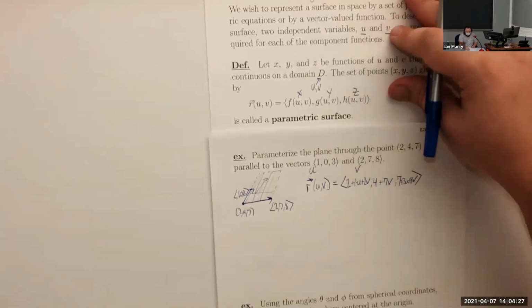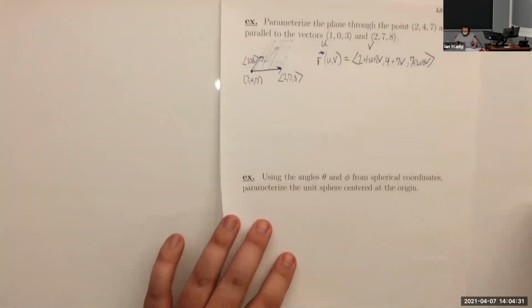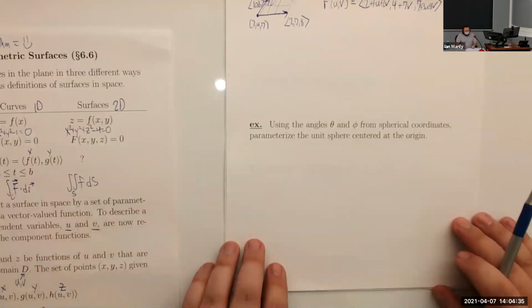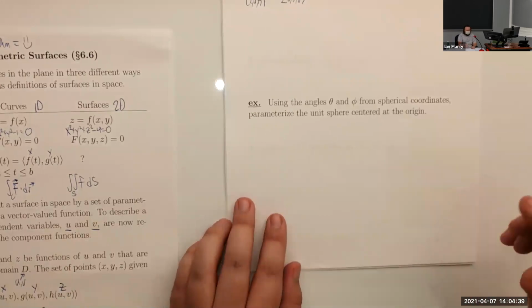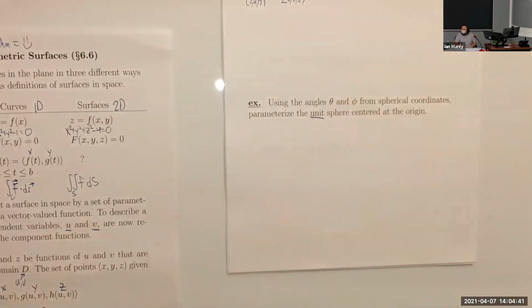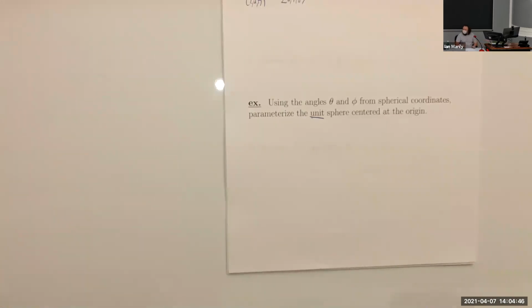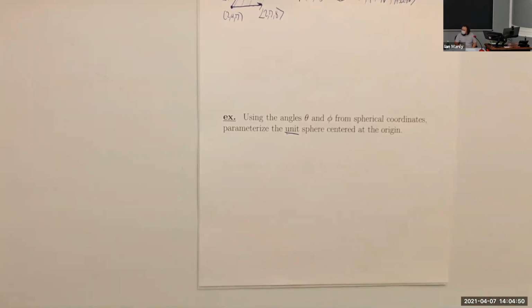Okay, so that's parameterizing a plane, and we can use the same kind of formula to parameterize any plane we like. Let's move on and talk about using the angles theta and phi from spherical coordinates. We want to find a way to parameterize the unit sphere centered at the origin here. All right, well, is this similar to the previous unit where we made equations out of vectors?